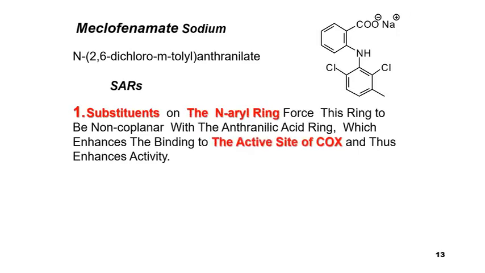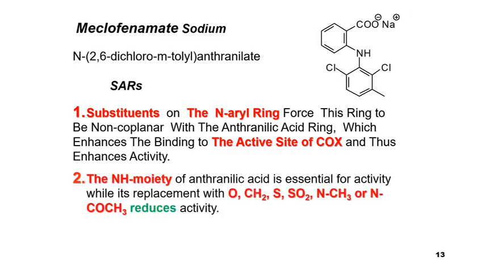We can find that the 2 chloro functions, as in case of diclofenac, are still playing the same role to prevent the twisting, keeping non-coplanar structure of anthranilate, so they enhance a good fitting at the active site of COX enzyme.